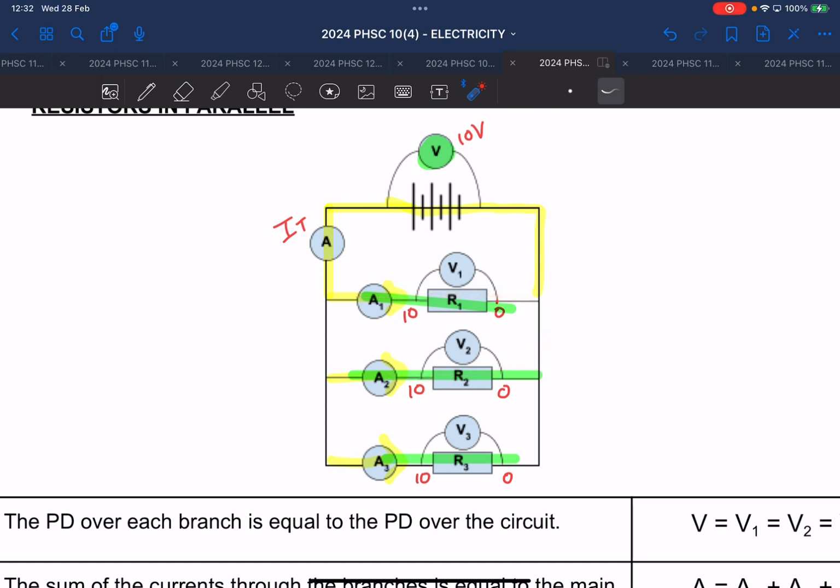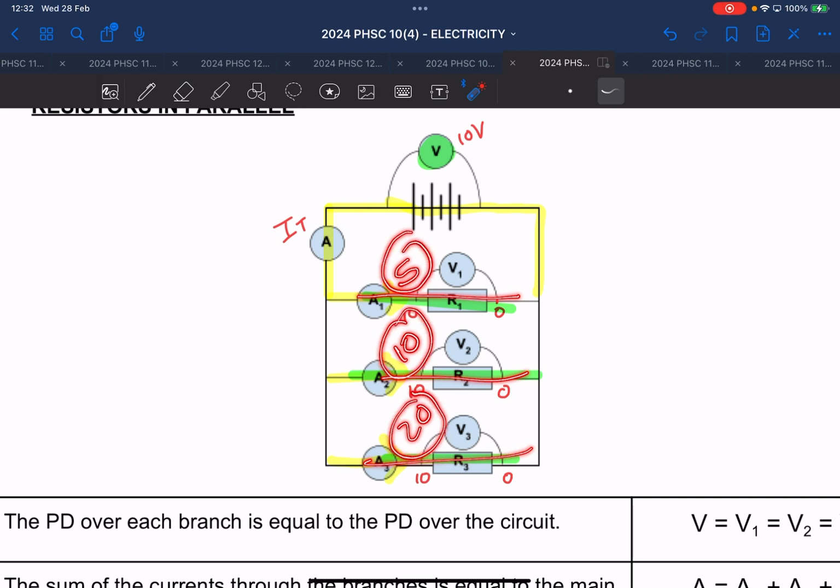Okay. So can you see that resistors in parallel have the same voltage? Why does it have the same voltage? Because it's different charges. I asked different learners. So we can say here there's 5 learners, here there's 10 learners, here there's 20 learners. The number of learners can change. That can be different.